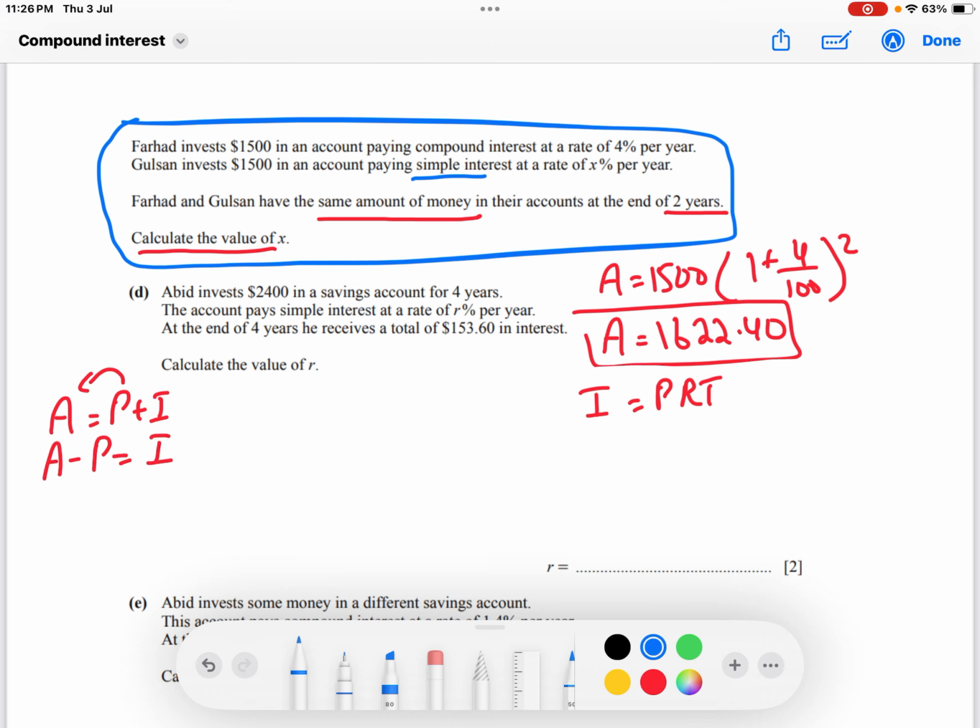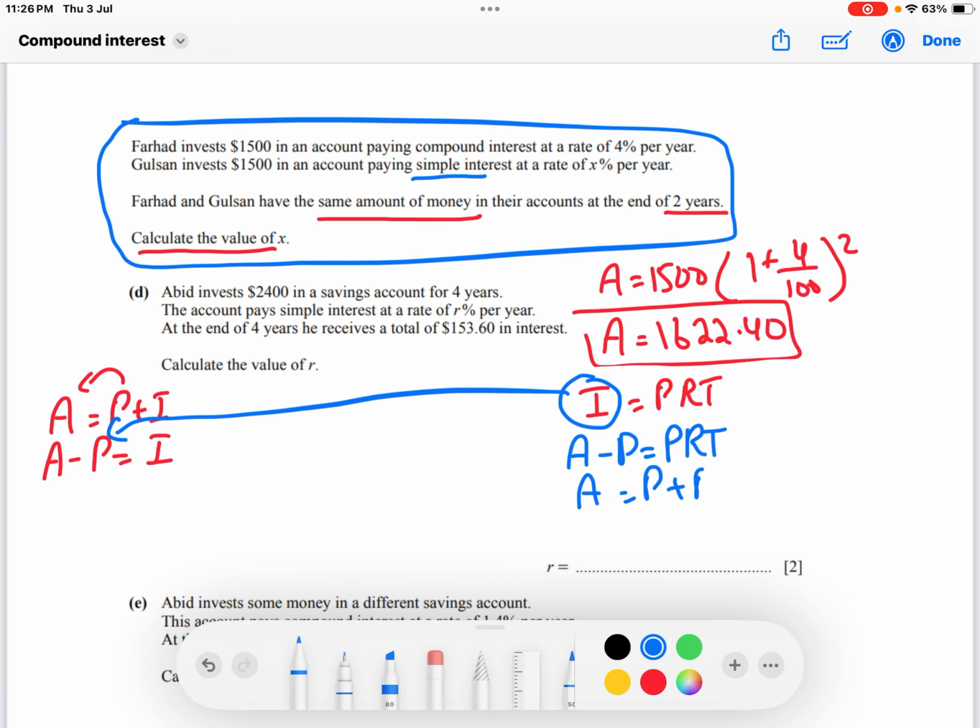Now I replace interest by A minus P, so A minus P is equal to PRT. P goes to the other side and adds, so P plus PRT. I take P as common, so P times 1 plus RT. Now this is the formula of amount we got by simplifying.